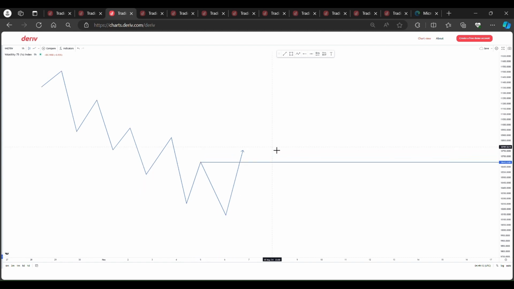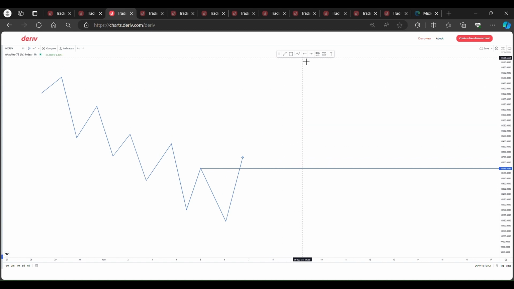What we see most of the time is that price breaks this high right here, moves to the upside, then retraces, starts pushing up, something like this, then something like this. Then we see price creating new lower highs.